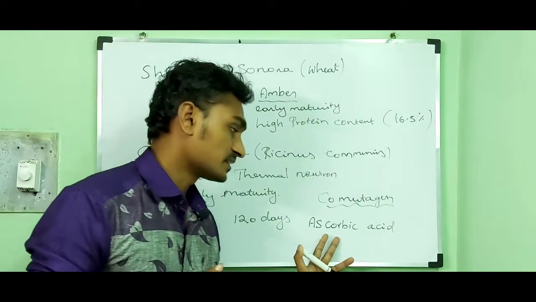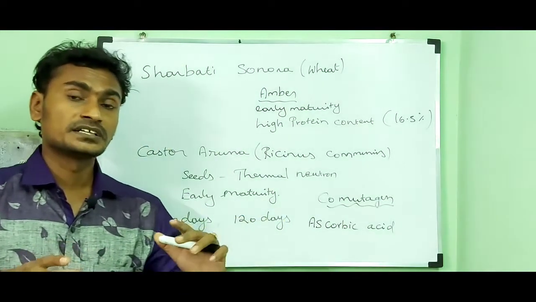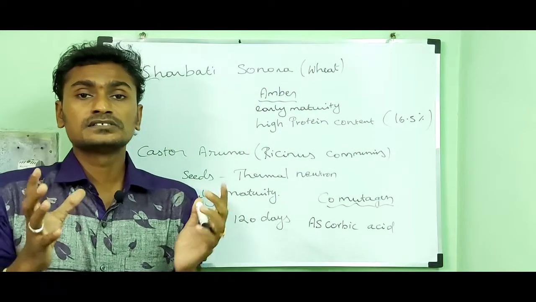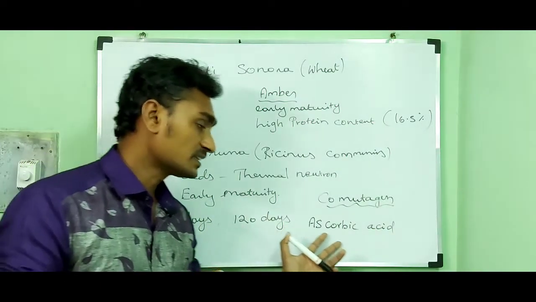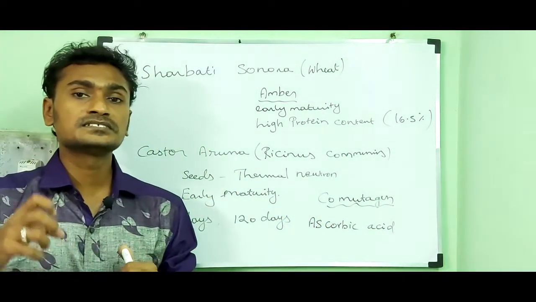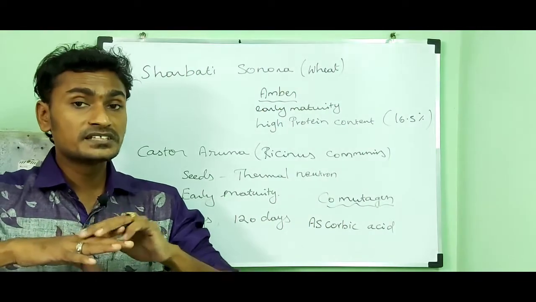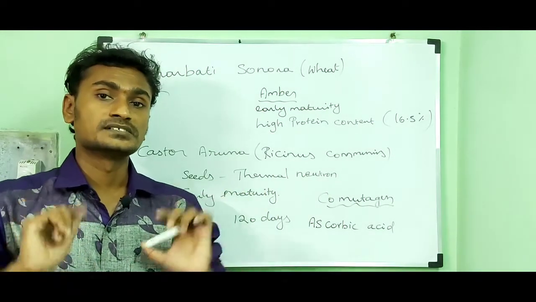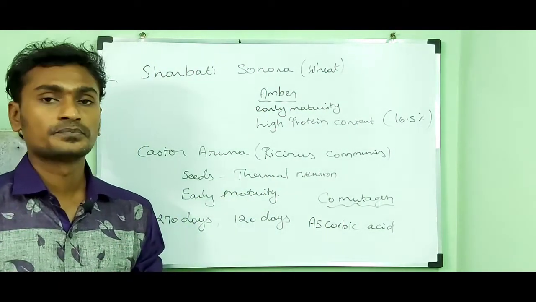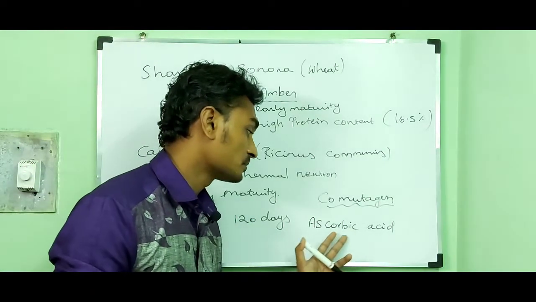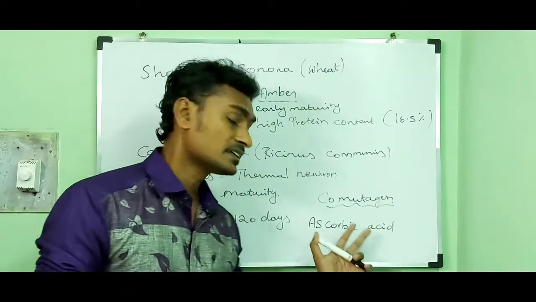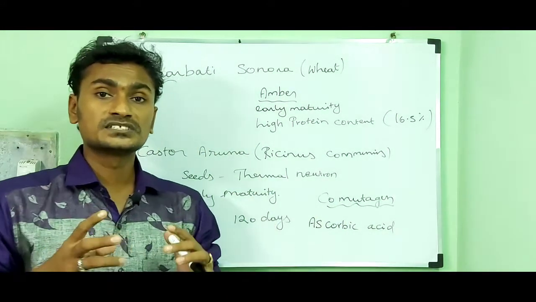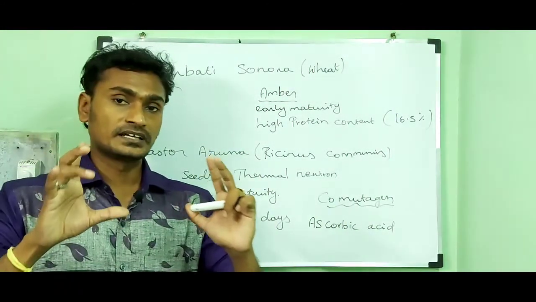The ascorbic acid is an antioxidant, but it has to be within the limit, at optimum concentration in the cell. When its concentration increases, the hydrogen peroxide damages the cell and it leads to cancer. So here the ascorbic acid is a co-mutagen. It enhances that mutation and it leads to cancer.